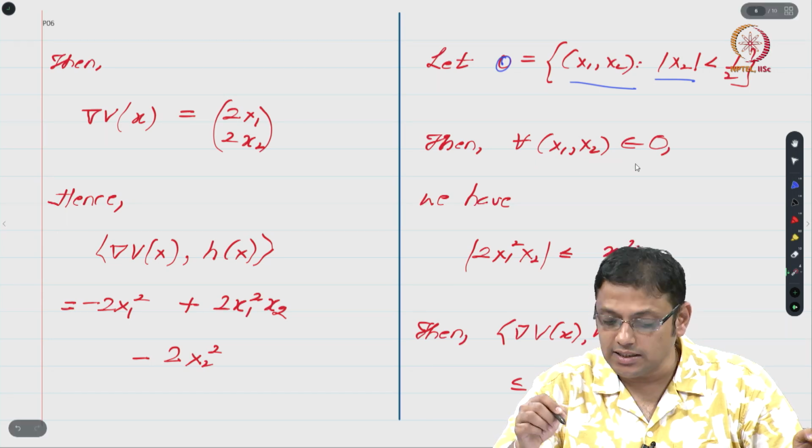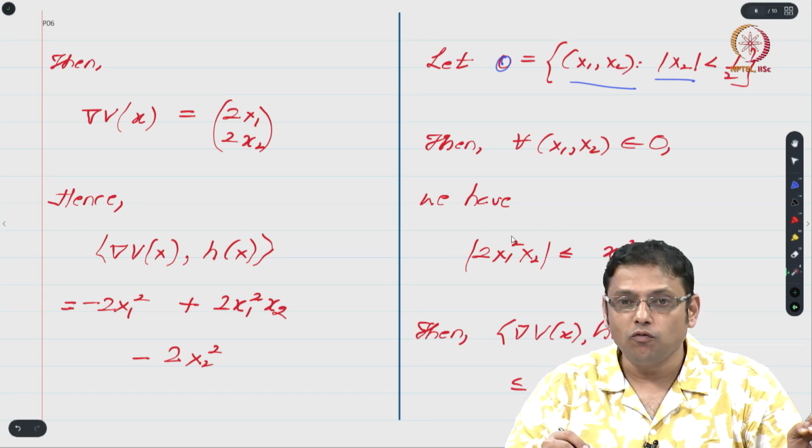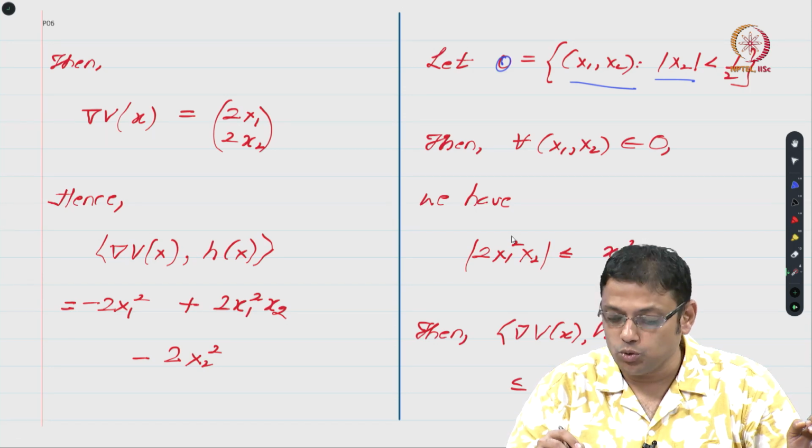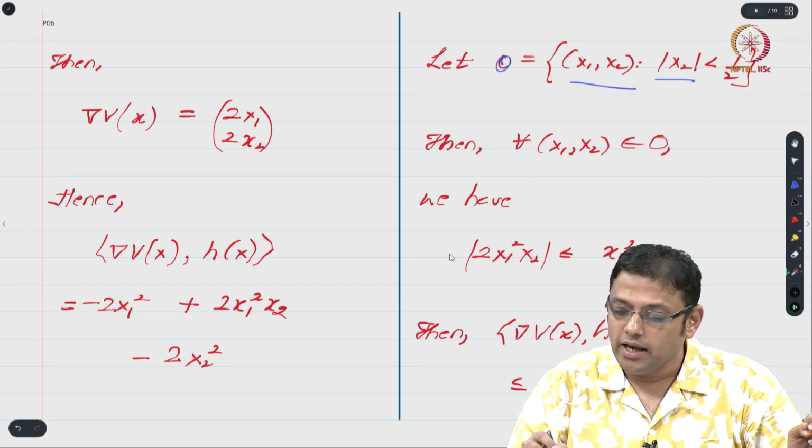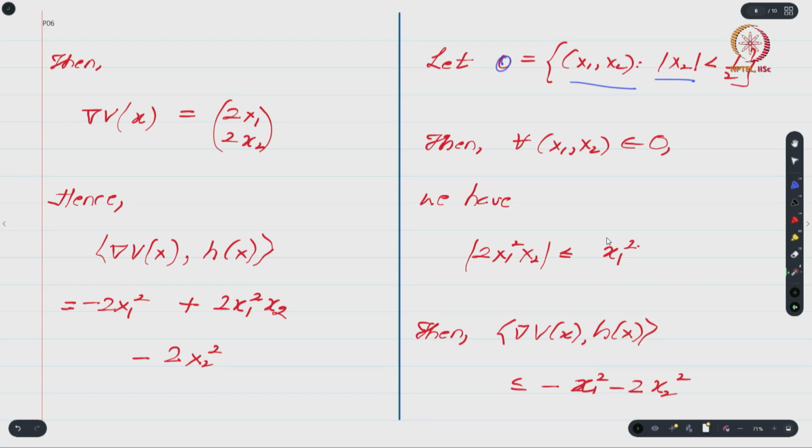So if you focus the definition of V in this neighborhood, then one can see that for all x1 x2 within this neighborhood, the value of 2x1 square x2, in particular the absolute value, is actually less than x1 square. So your x2 is less than half, so 2 times absolute value of x2 will be strictly less than 1, hence this expression will actually be strictly less than x1 square, okay.